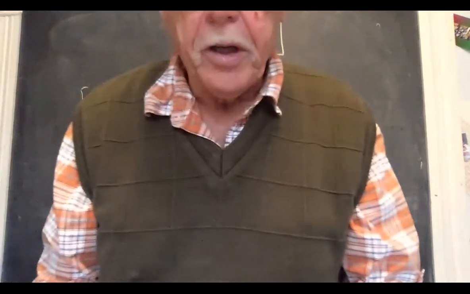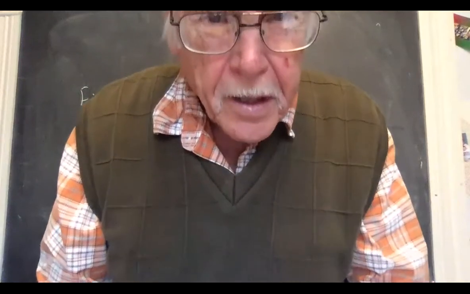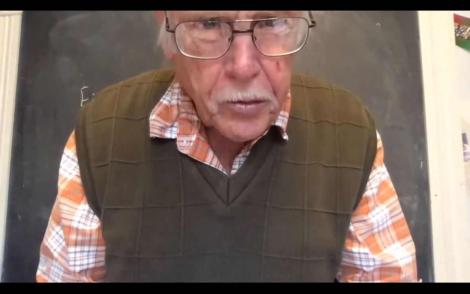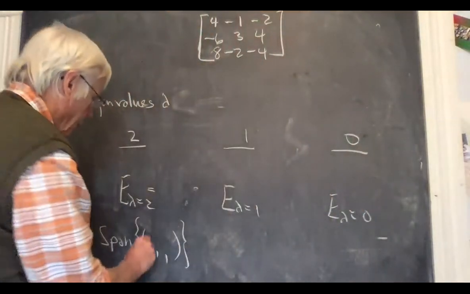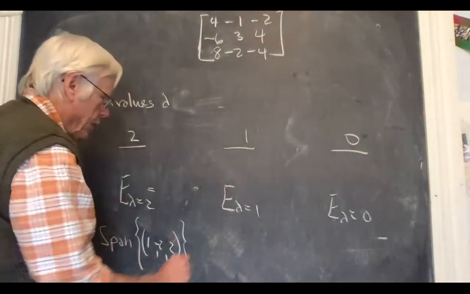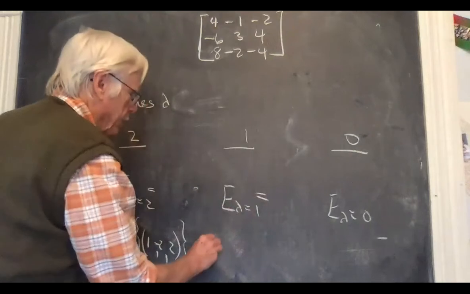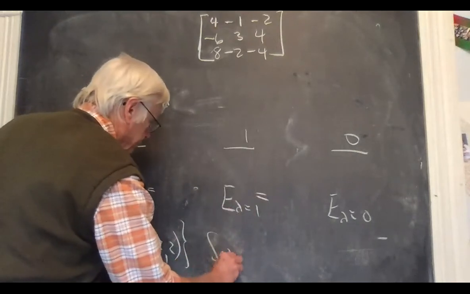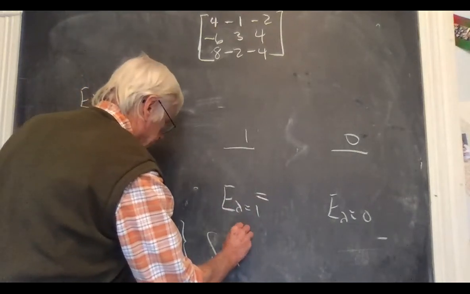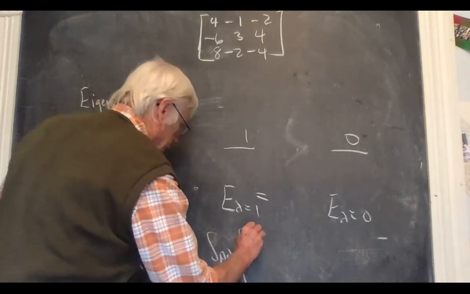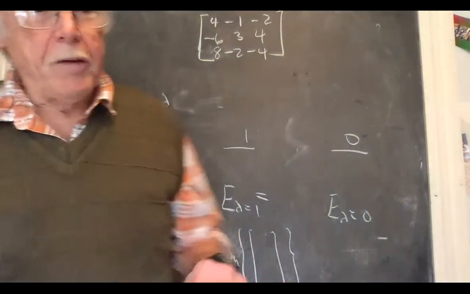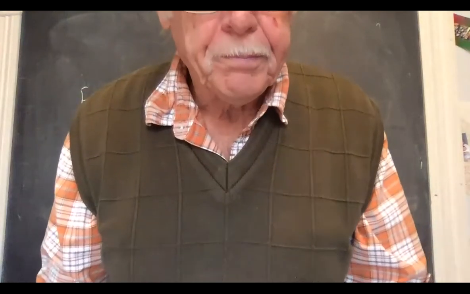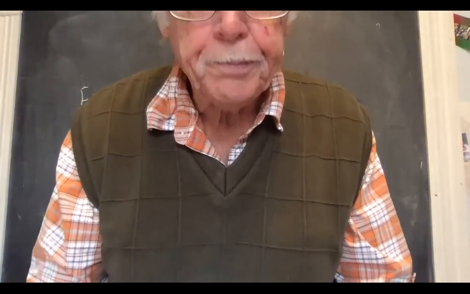Now I've got to go look it up. The very first vector, 1, minus 2, 2. And E sub lambda equals 1 is the span of, I'm going to write this vertically, save myself a little space, 1, minus 1, 2.